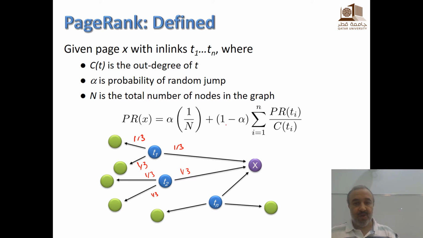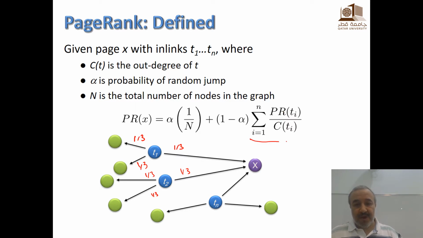Okay, so it is the summation. Forget about alpha now. It is the summation of PageRank of the inlinks, but not the full. It's just divided by the number of links of that node. Okay, we'll see examples in the next slides.